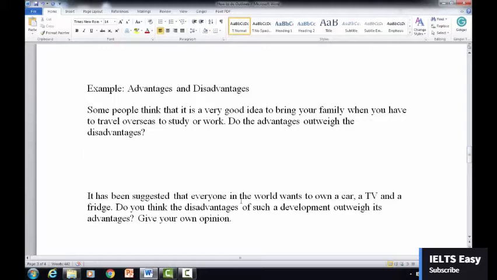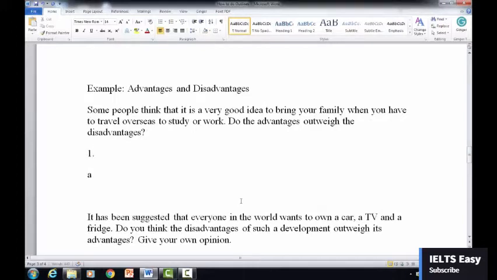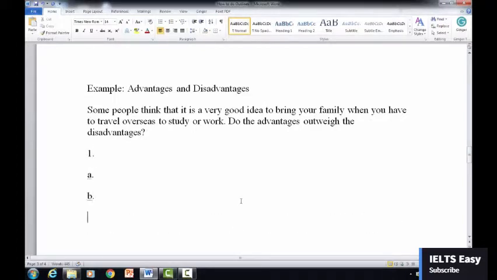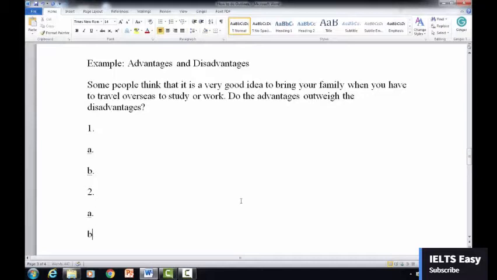So we know that our format for outlining is 1AB, 2AB. And so we know our first body paragraph is going to be about the advantages. Our second body paragraph is going to be about the disadvantages. Those are our controlling ideas.